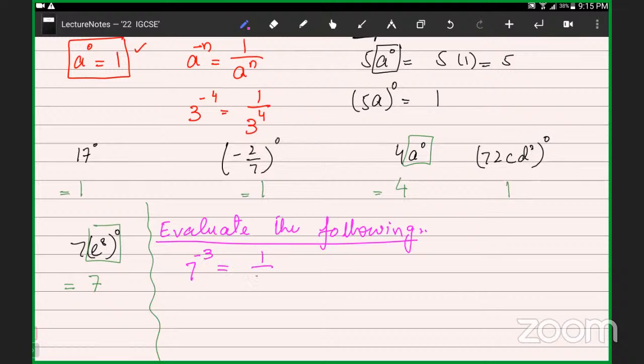We know that 7 raised to the power -3 can be written as 1 divided by 7 cube. That is equal to 1 divided by 7 sevens are 49, 9 sevens are 343. So when they say evaluate, that means you need to write the exact value, actual value, के उसके आंसर क्या आ रहा है, ठीक है?